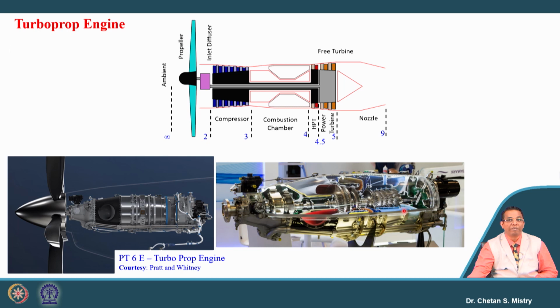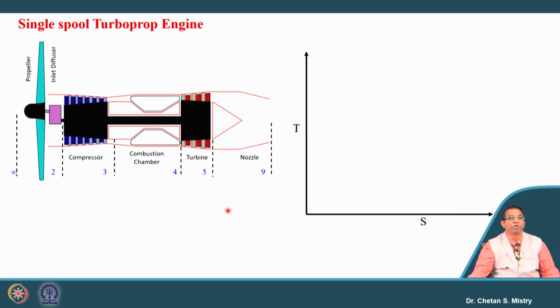That intake is followed by the axial and centrifugal compressor, which is followed by a reverse-flow combustor. Here we have the turbines. This represents the exhaust, and if we look carefully, the second turbine is connected with the shaft, and this shaft is connected with the propeller. We have defined that as a two spool configuration. So for today's lecture we will be focusing mainly on the single spool configuration.